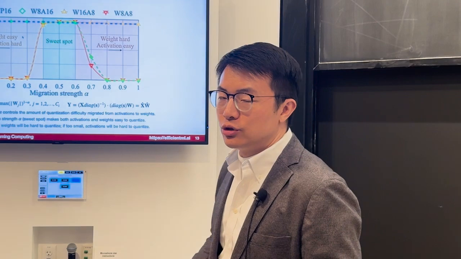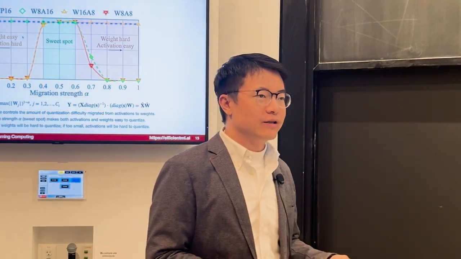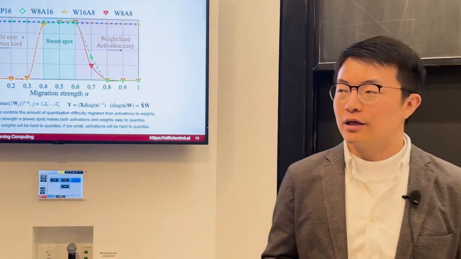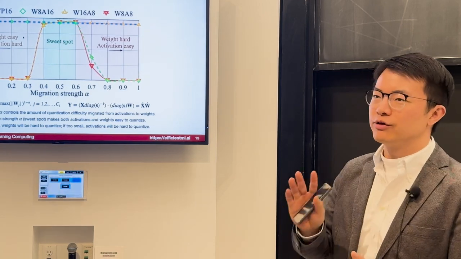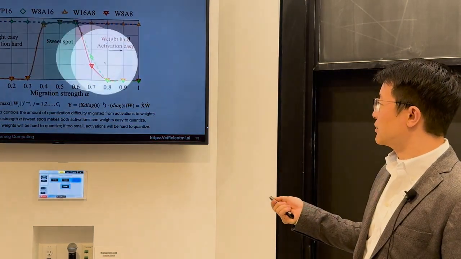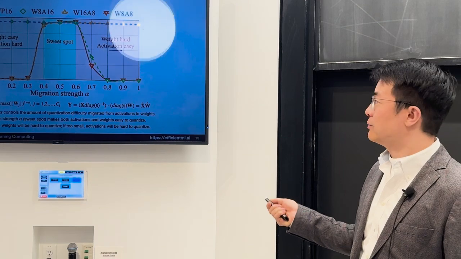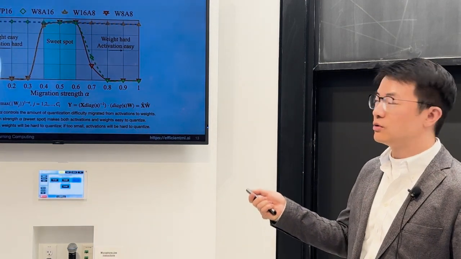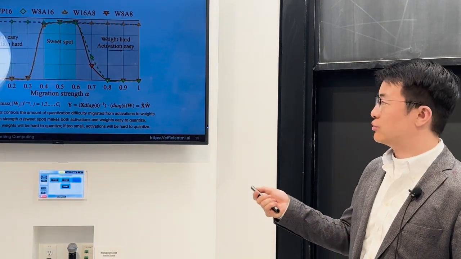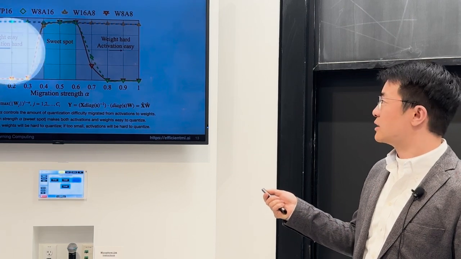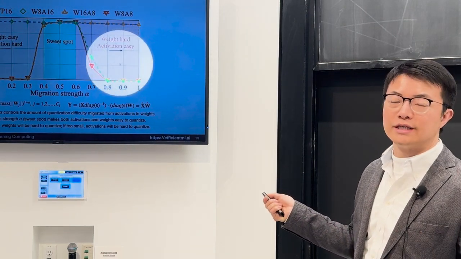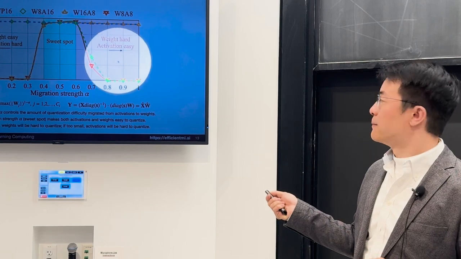Since we are pushing the quantization difficulty from activation to the weight, there is a strength. How much do we push, right? Do we push all the difficulty to weight? That becomes this extreme. We push nothing to the weight. This is the other extreme, pushing everything, all the quantization difficulty to the activation. Here we are pushing all the quantization difficulty to the weight.